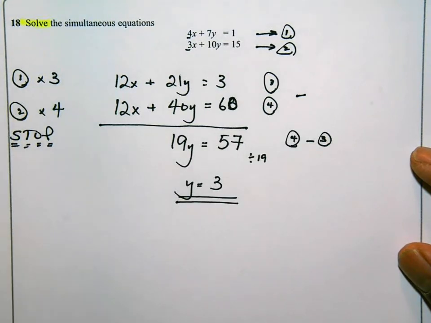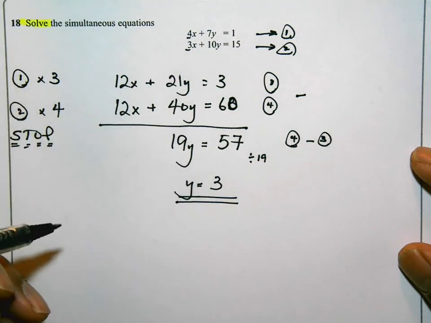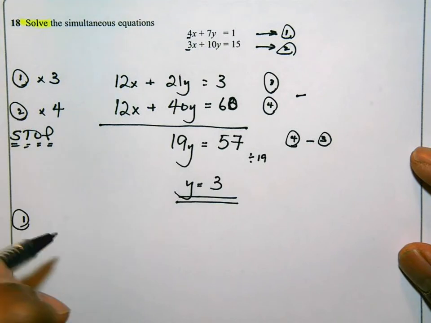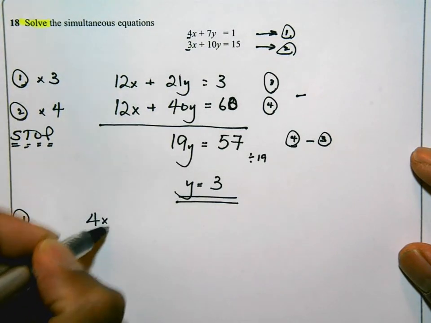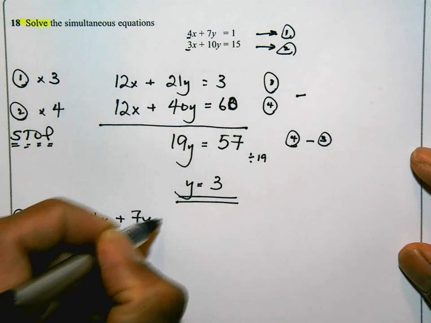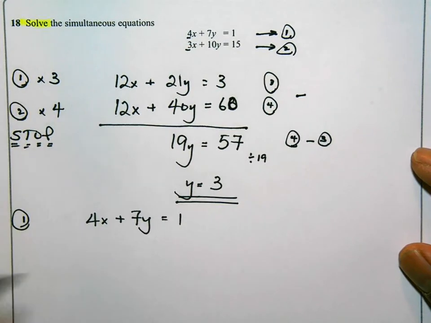So I'm going to pick one of the original equations. I'm going to pick equation number 1. And equation number 1 is 4x plus 7y is equal to 1. Now I know that y is equal to 3.